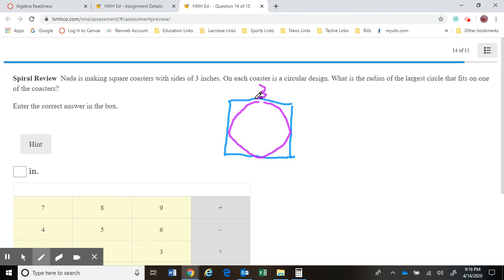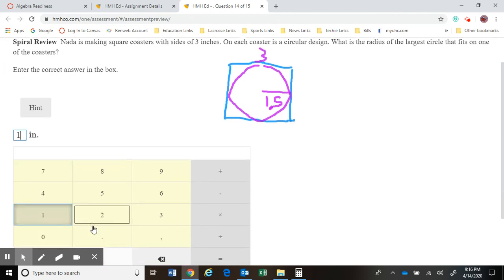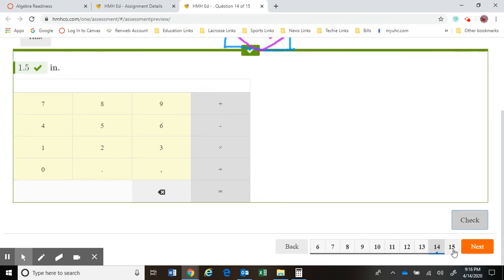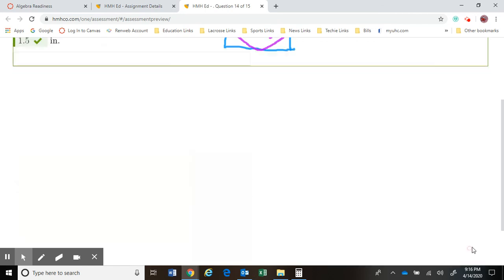So if that's 3, what's my radius? Well, half of 3 would be 1.5. So that was actually building you up to what we're going to do in this chapter. So of course, what's my answer? 1.5.